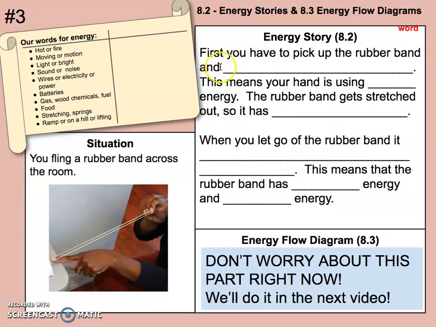So it says first you have to pick up the rubber band, and what do you have to do with the rubber band? Well, I have to use my hand to stretch it out or pull it backwards. So I'm going to steal this little text box. First you have to pick up the rubber band and pull it, and it looks kind of in the picture like this person is pulling it sort of back towards them.